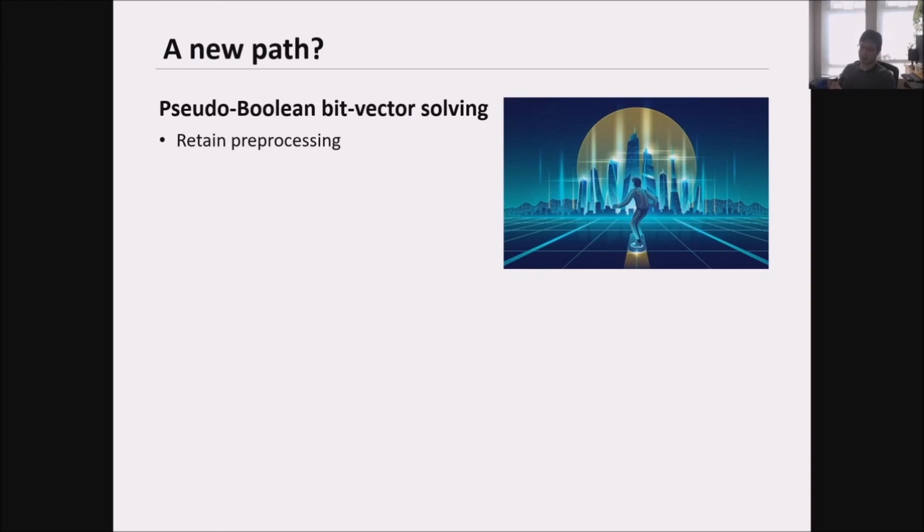Doing this, we could retain all of the sophisticated pre-processing routines found in current bit vector solvers, and all we would really need to do is replace this final SAT solver with a pseudo-Boolean solver. Possibly, bit blasting could be done algebraically instead of, or perhaps alongside, a bit-level circuit.